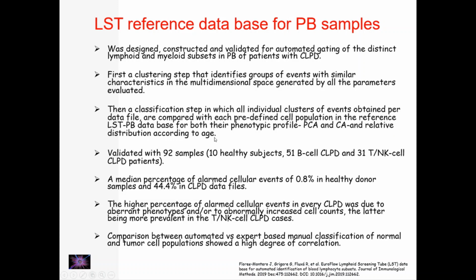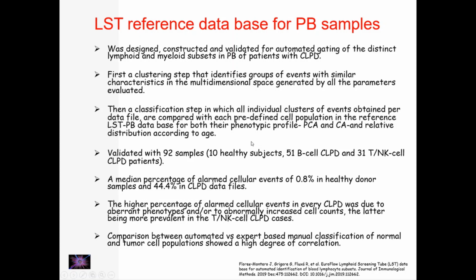To construct the reference values for age, 187 peripheral blood samples were used, and they were divided into four different groups: less than 15 years old, between 15 and 30 years old, from 31 years old to 50 years old, and more than 50 years old.